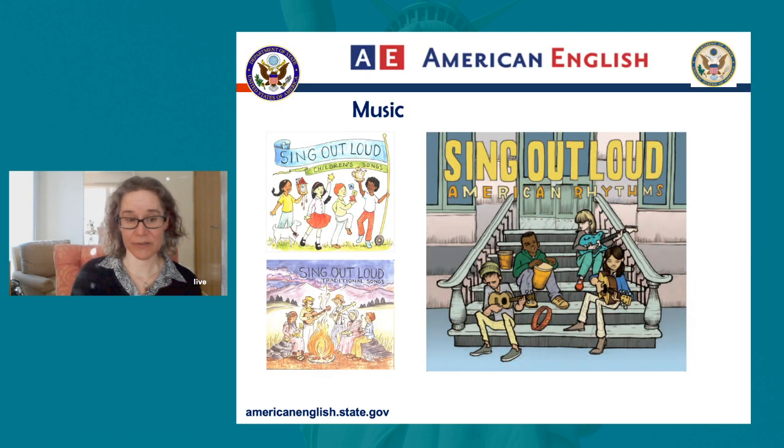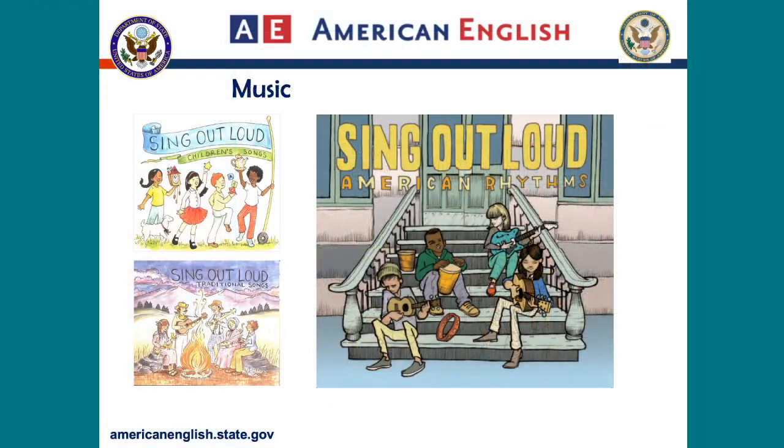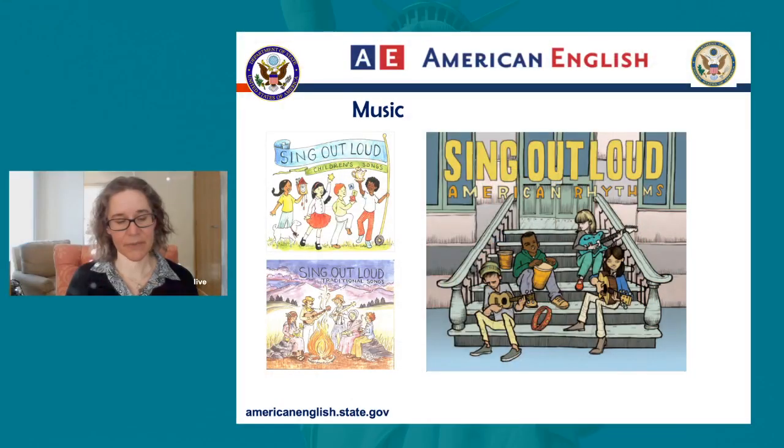Another set of resources are songs. So this, the family could do this, especially if you're parents with a young kid in the house, a young child. We have sing out loud children's songs. And then we also have sing out loud traditional songs. So these would be more for the kids. And parents, you can do this with your kids. There are many activities and exercises you can do with them.